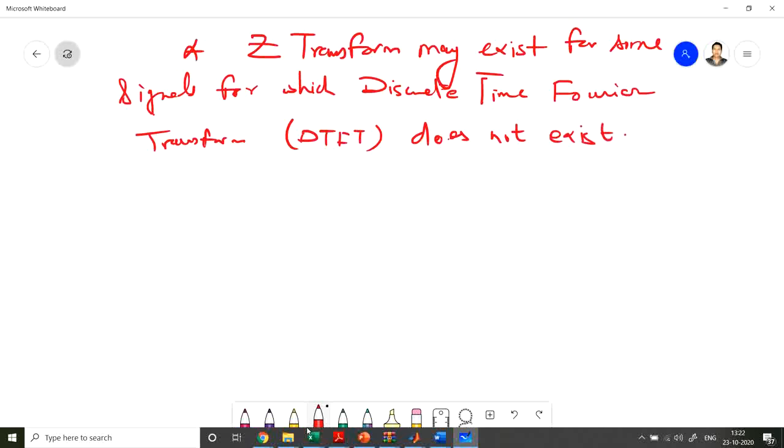It is very important to note that. Please understand that the Z transform may exist for some signals for which the discrete time Fourier transform does not exist.